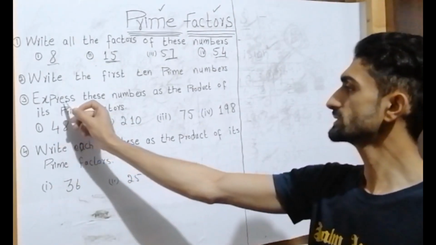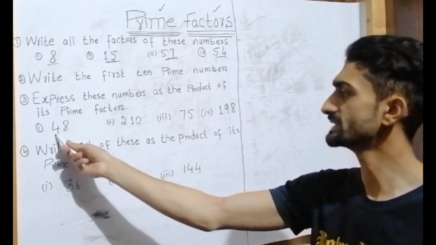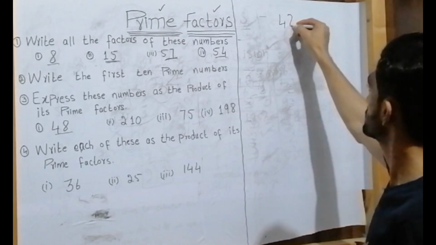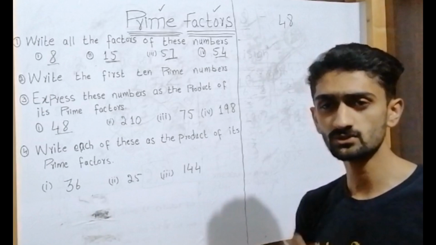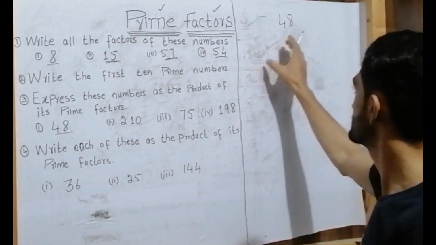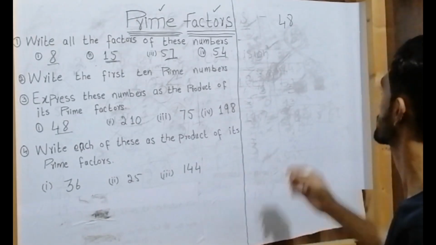Now the third question is: express these numbers as the product of their prime factors. We are given the numbers, for example 48, and our task is to express this number as the product of its prime factors. So first of all we will have to find its prime factors, and then we will show that this number is equal to a product of its prime numbers.